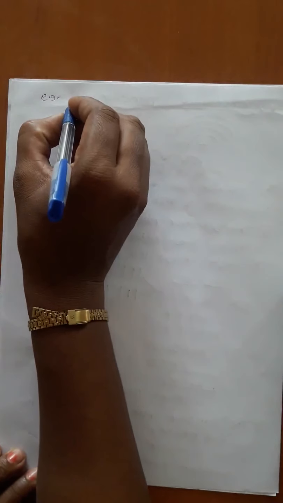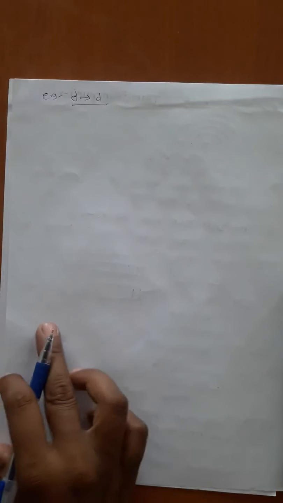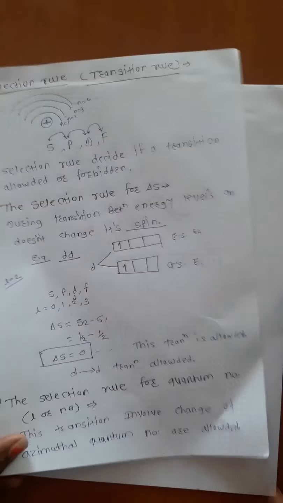Change of azimuthal quantum number is allowed, so let us take one example. For example, in a D to D transition, we have to see whether this transition is allowed or forbidden for the selection rule of L, or n theta.